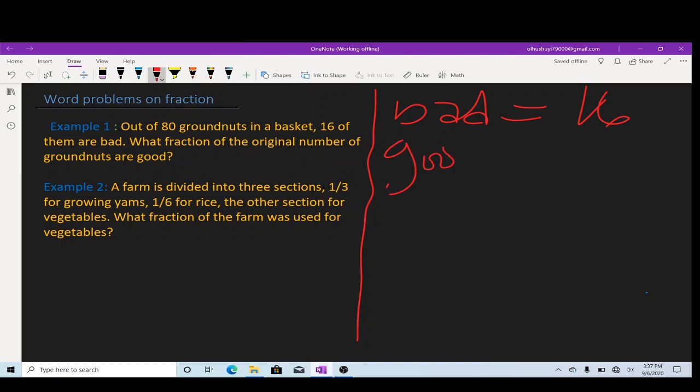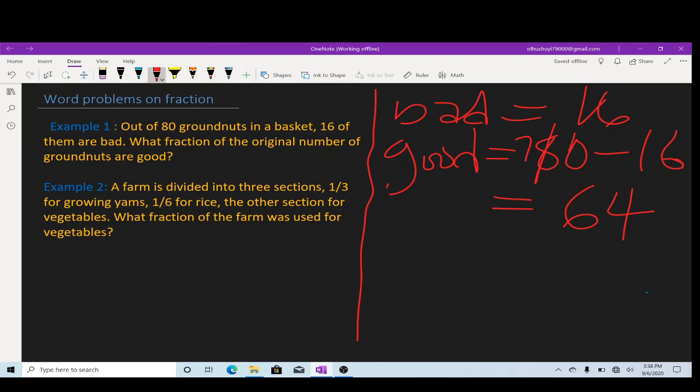So the number of good granules should be 80 minus 16. And that should be equal to what? You have 4, borrow 1 here. This becomes 10, 8 becomes 7. 7 minus 1, you have 6. So the number of granules that are good is 64.